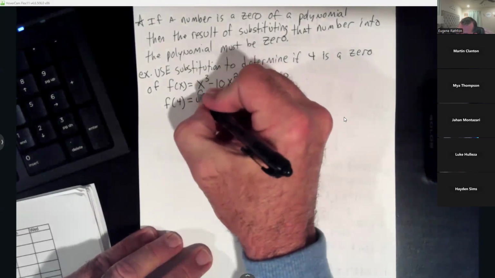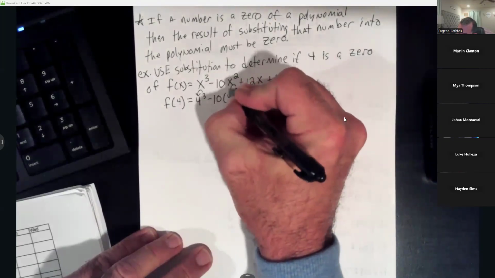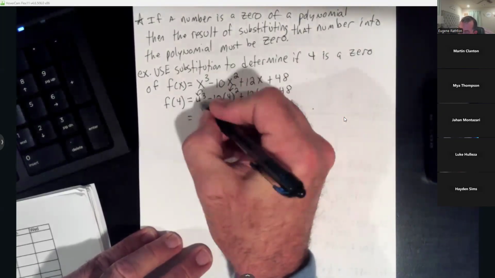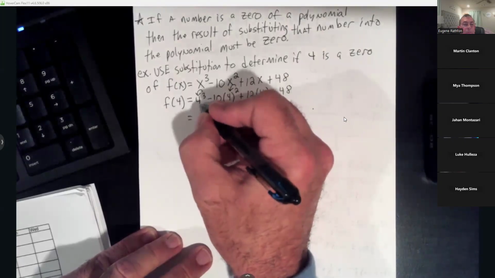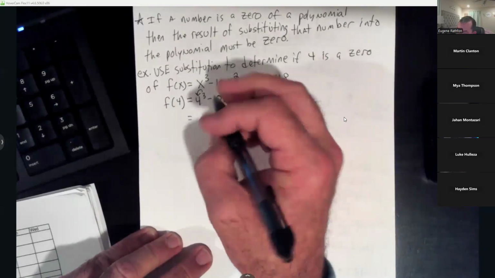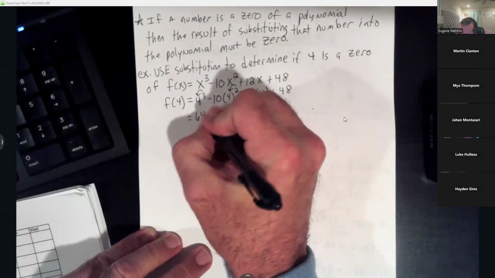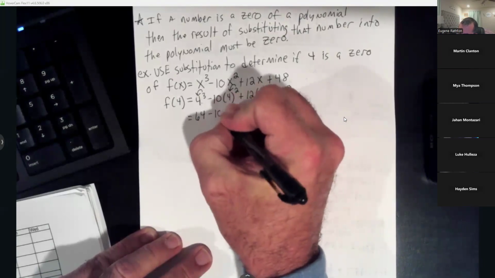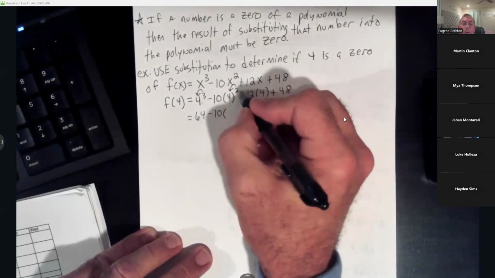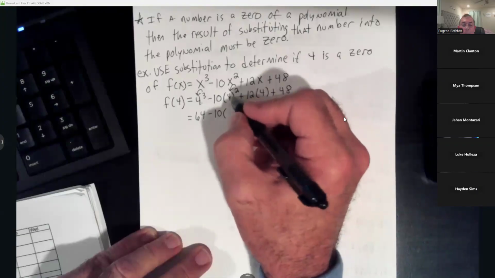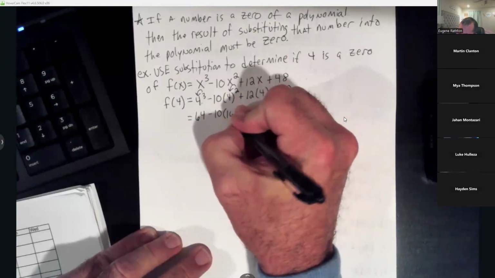So first, I'm going to do the exponents. So that would be 4 cubed. So 4 times 4 times 4 is 64 minus 10 times my 4 squared. Well, 4 times 4 gives me 16.